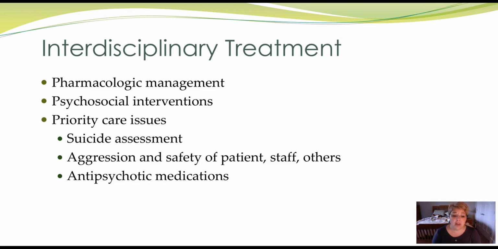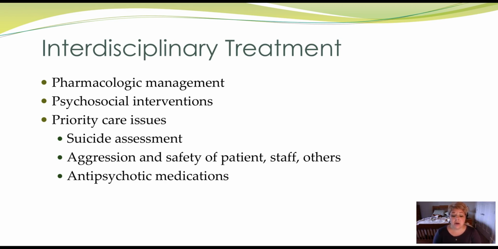We also know that the psychosocial interventions are really designed to support the person who is dealing with the diagnosis as well as the family. So the psychosocial supports are really creating a safety network or a support system for the family as well as the client while the client recovers.